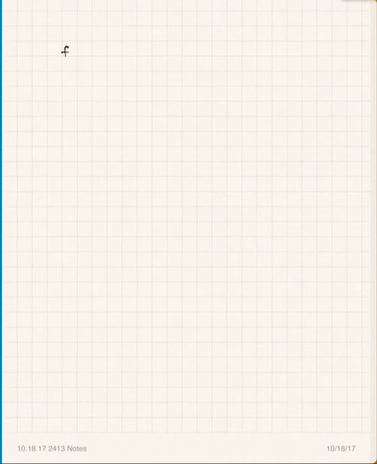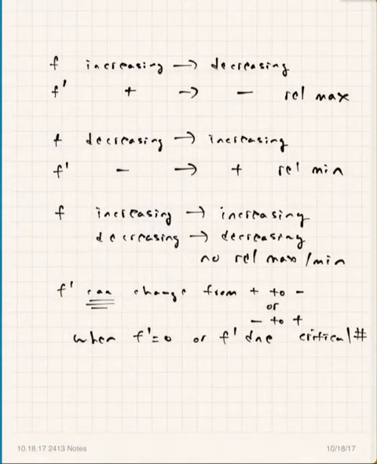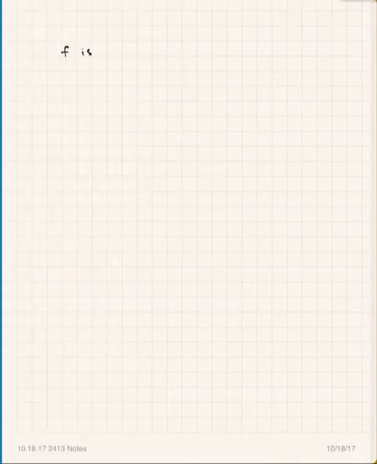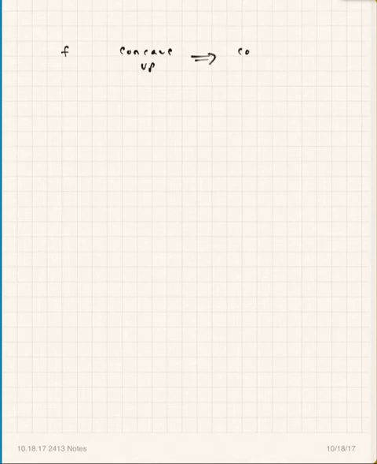All right. When f goes from concave up and it changes to concave down, then what's happening? Then the second derivative goes from positive to negative.